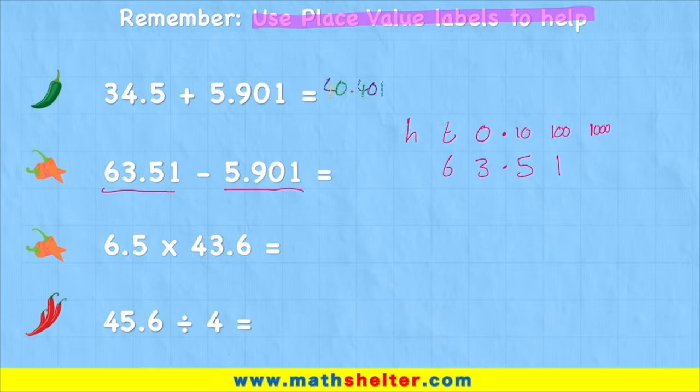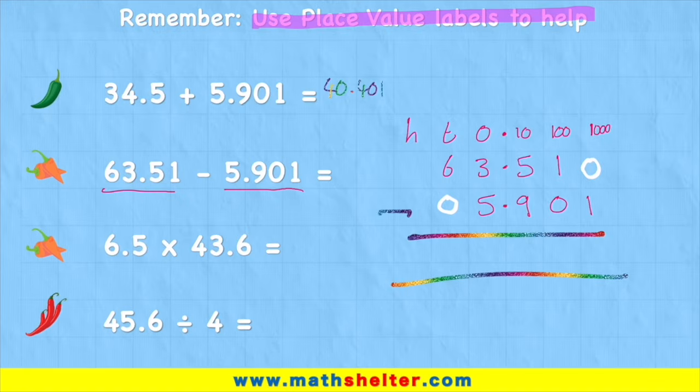And then I'm subtracting 5.901, so it's 5 ones, decimal place, 9 tenths, 0 hundredths, and 1 thousandths. But now again, I have these gaps in my question, and now it's super important to put my placeholders, because if I don't put a placeholder, I could make a very serious mistake, which we'll talk about in a moment. Put my equals line, and I'm ready to start subtracting.